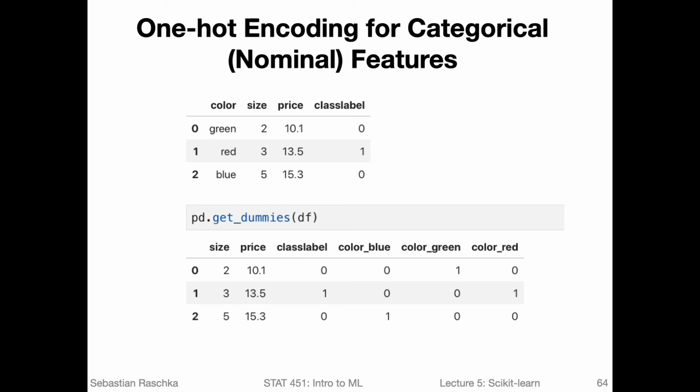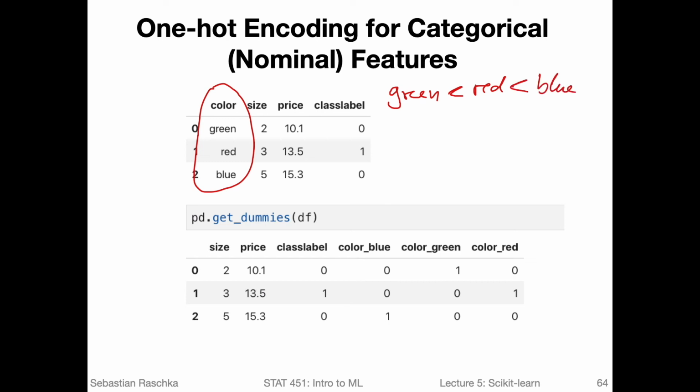So in the previous slide we talked about the class labels as nominal categorical data, and we can use the label encoder for that, because for class labels there is no order implied when we use classifiers. However, if we encounter feature columns that are nominal, we may run into problems by just using the label encoder. For example, consider the feature column color here. If we have green, red and blue as possible values, we can't say, for example, that red is greater than green and blue is greater than red.